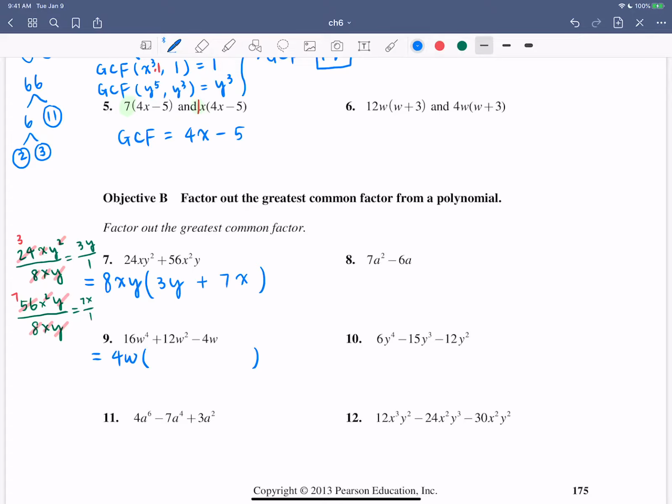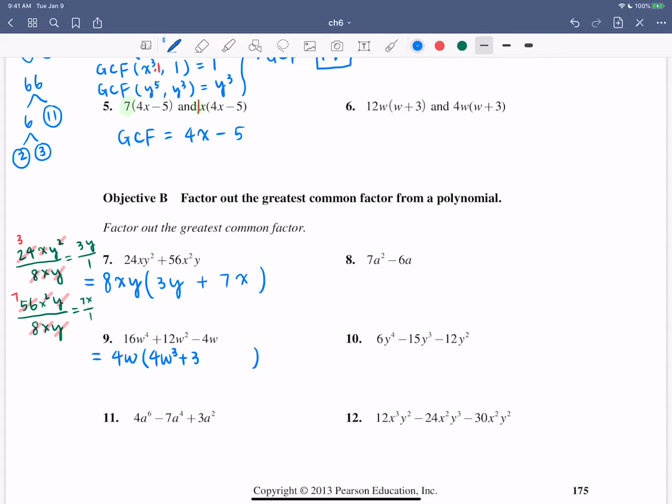So here I'm not going to write each individual division out again. Most of the time you're going to do that in your head. First term, 16w to the 4th divided by 4w. You could do 16 divided by 4, that is 4. And then w to the 4th divided by w, that's w to the 3rd. Plus 12 divided by 4, that's 3.